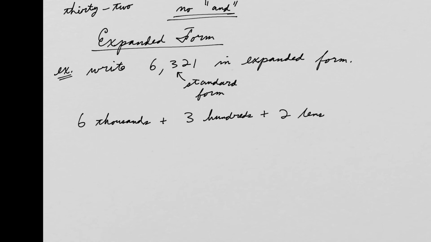So 2 tens plus 1 one. Right, so really this means 6,000 plus 300 plus 2 tens, the same as 20, plus 1 one, which is 1. And that ends up giving you 6,321. So expanded form, you're simply writing each digit with its place.